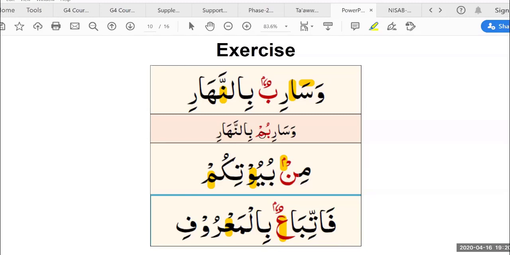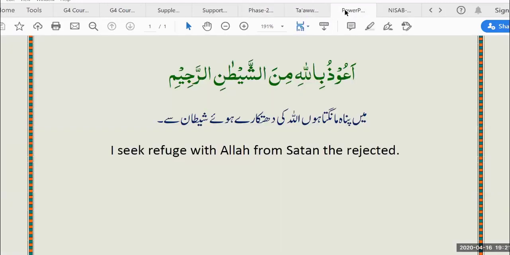It is a hard one. It's not zod and it's not dod either. It's somewhere in the middle, but it is very hard. So if you come across the letter in Quran, then what I just told you, you can try that and see what kind of sound comes. Okay. Jazakallah.